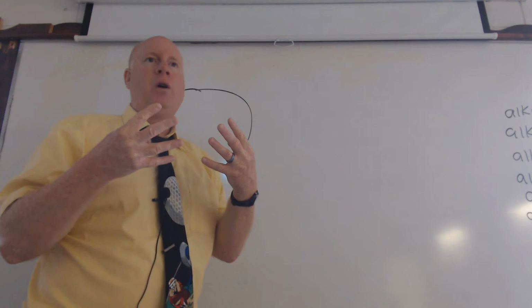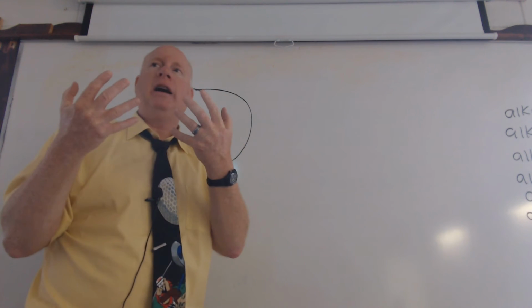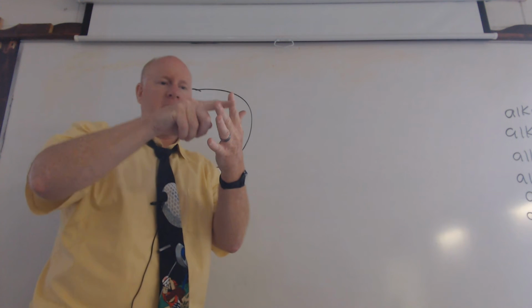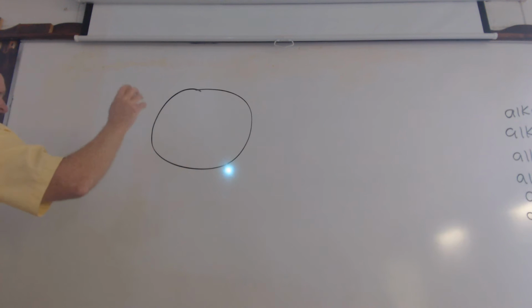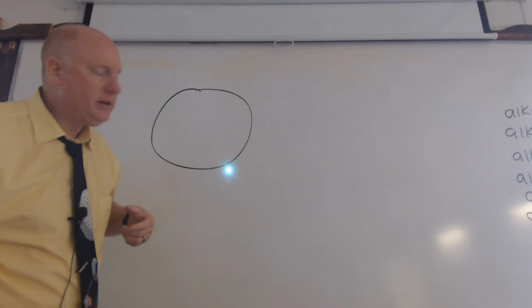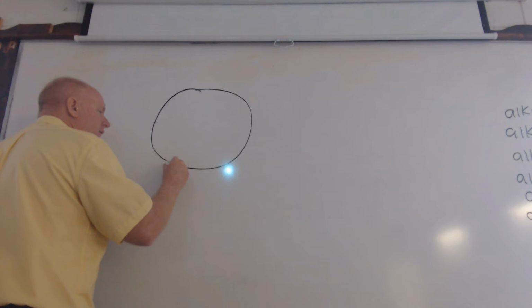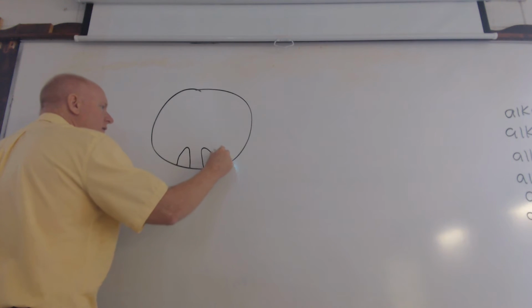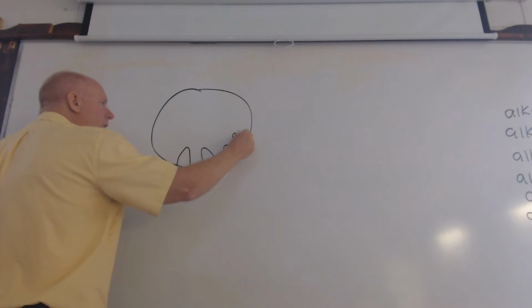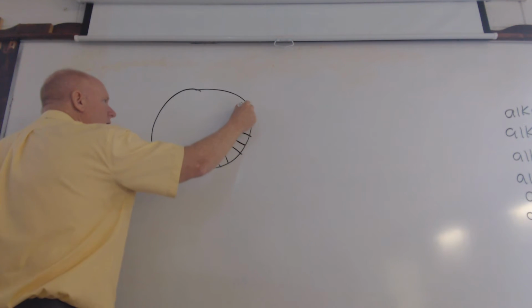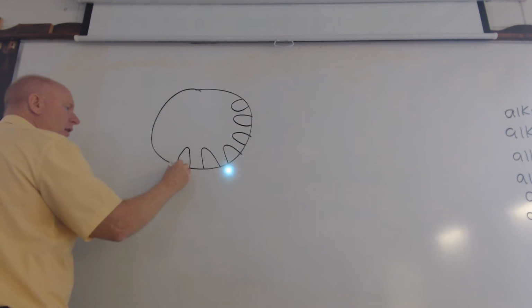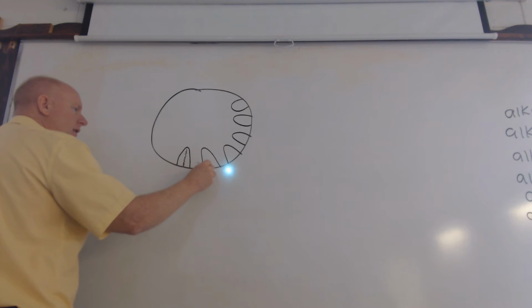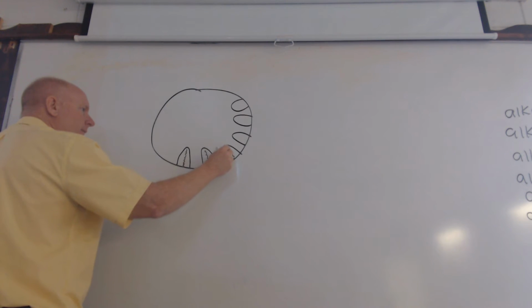So what that does is, just like you're taking different bites to break this up into smaller pieces, you have these finger-like projections that go all the way around. And inside of here, you would have capillaries.